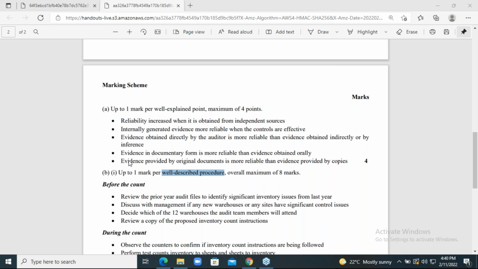And we were going through this question, Andromeda Industries. We just saw how to write the procedures, and we discussed how many procedures should be written for 4 marks or 8 marks. So if you have any question, just come to the chat box or questions area and write your question. I'm going to answer it.